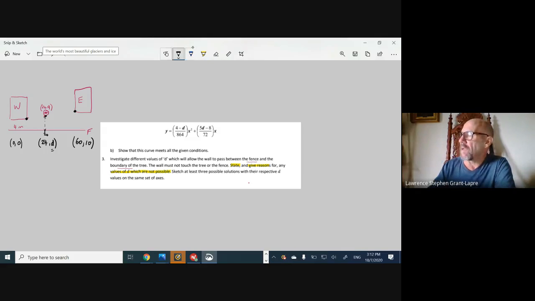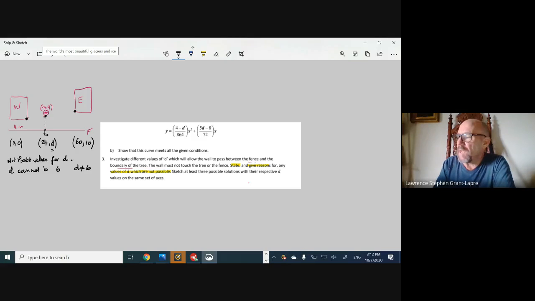All right, let's start there. What are some not possible values for D? If it's going to pass between the fence and the tree, D cannot equal 6.